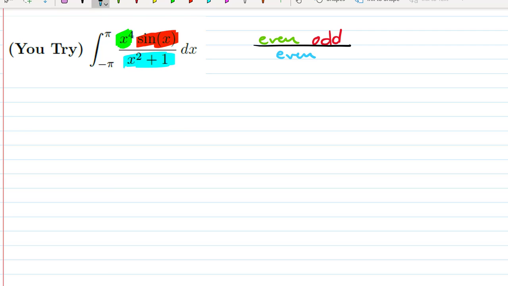So an even times an odd is an odd, and an odd divided by an even gives us odd. So since the entire integrand is odd, we know that the integral of an odd function on a symmetric interval is 0. And we're done.